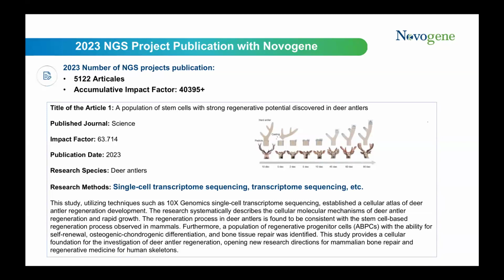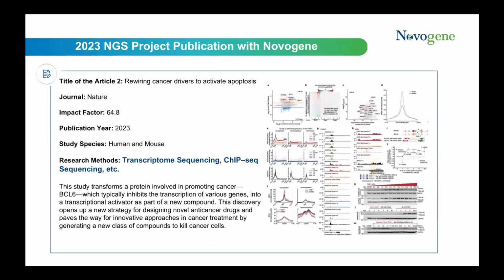So this is one case study from last year, and another one I can show you is another paper published in Nature. Also for this study, Novogene supports the NGS service part for transcriptome sequencing and also ChIP sequencing.